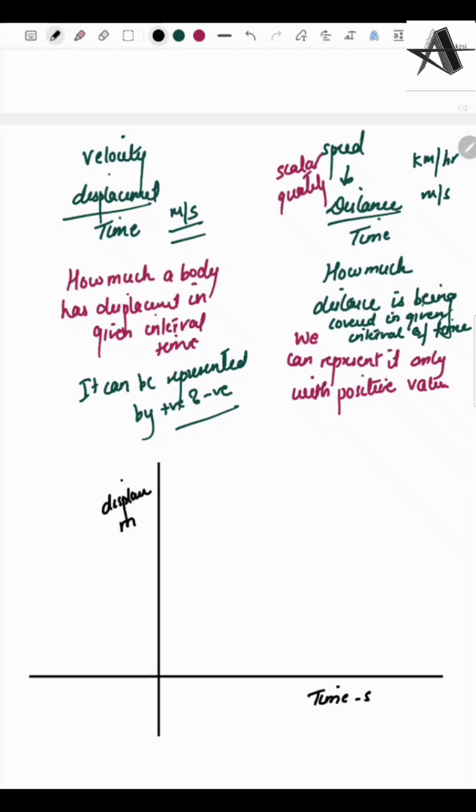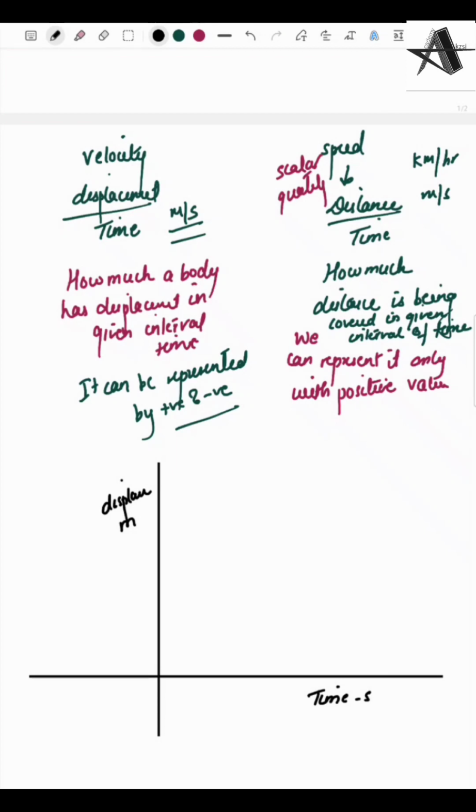If you're looking at any graph, you should know that the gradient of that graph is very important. Gradient tells you how one quantity is changing with respect to another quantity. And the area under the curve also gives you some quantity. So these two are very important.